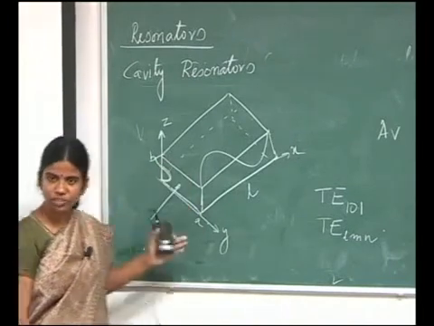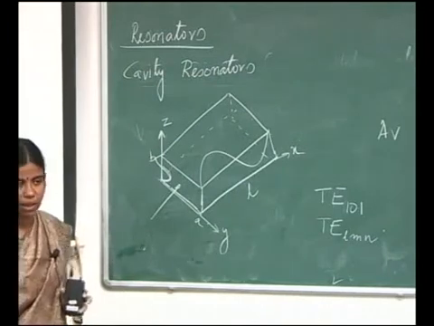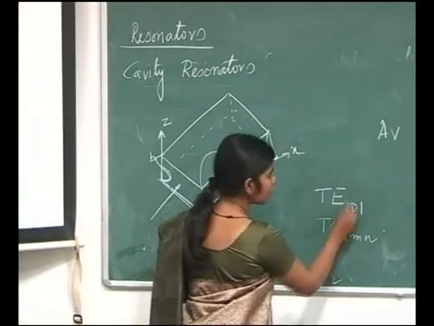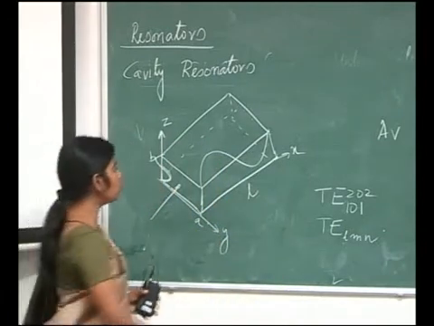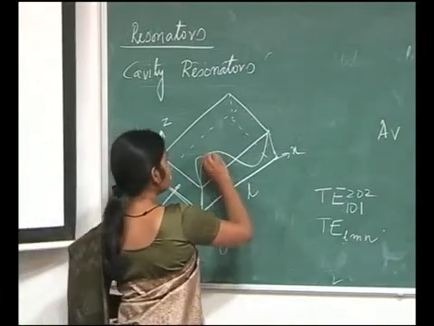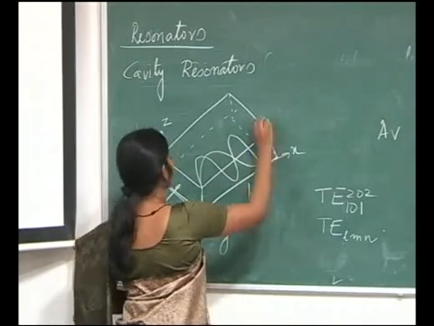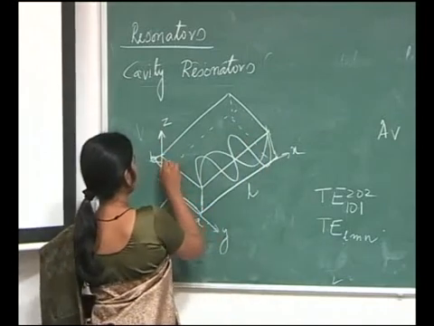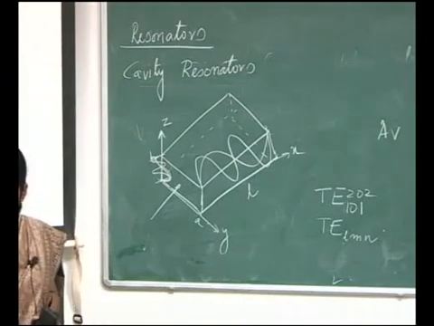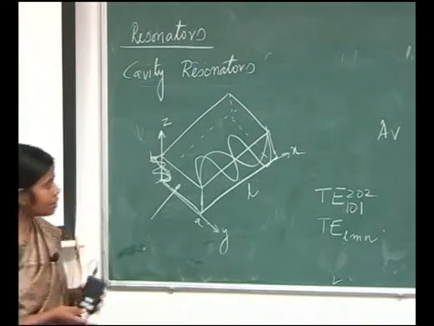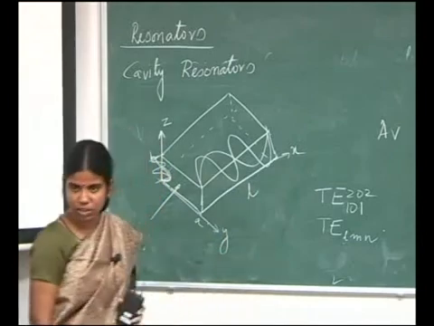Now if I have 2-0-2, it will complete two cycles like this, and here also. So you see how many cycles are completed in a particular direction.